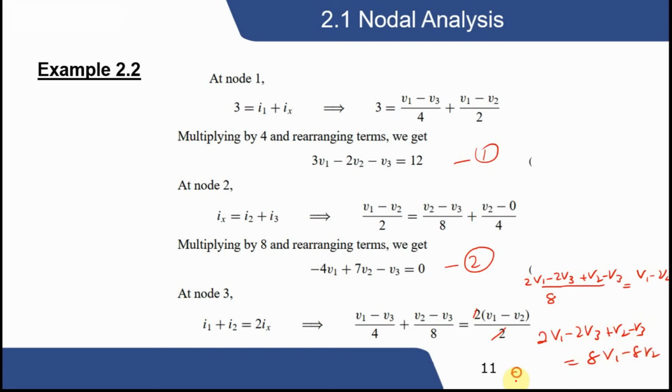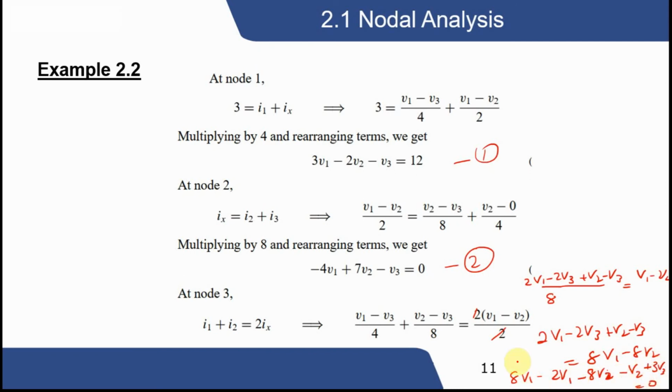So we have 8V1 minus 2V1, minus 8V2 minus V2, and 3V3, equal to 0.